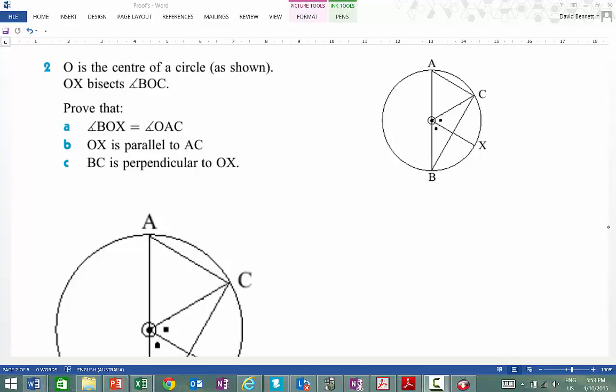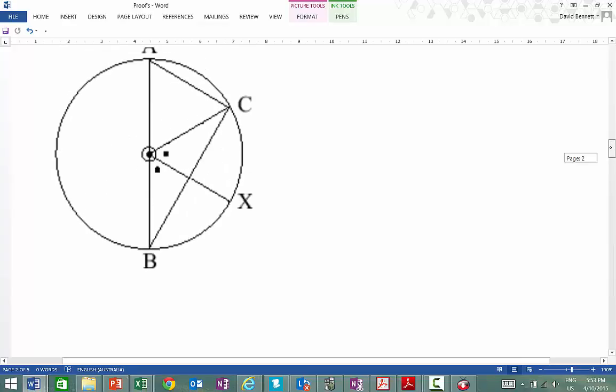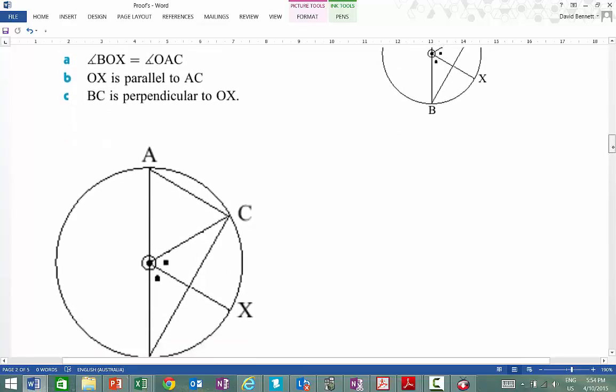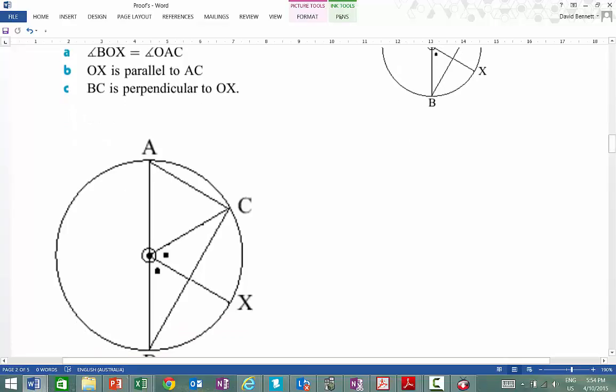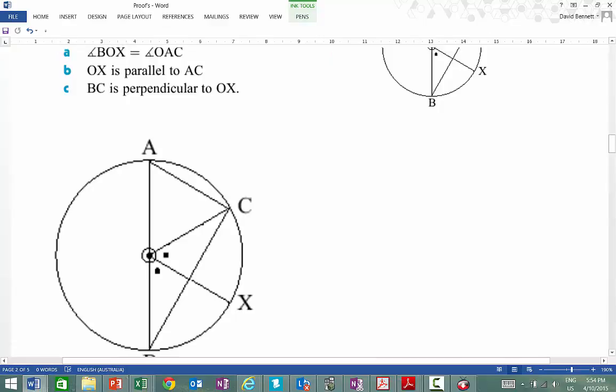Alright, so probably lots of ways of doing this. I reckon the easiest way for me is to do it like this. Now when you're doing these things, sometimes you need to draw some different diagrams that may help you. The thing I'm going to picture here is that we have an isosceles triangle there.